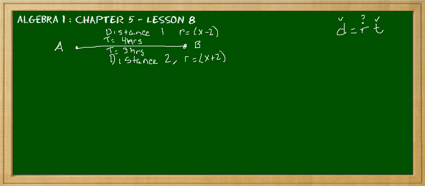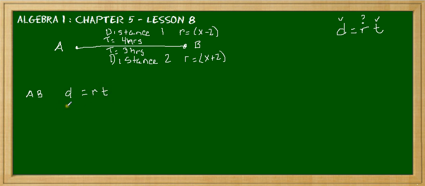Well, why don't we go ahead and start formulating what might be a formula for each distance, right? The first one, let's go from point A to B. We're going to call this AB, and we're going to say that the distance is equal to the rate times the time, right?